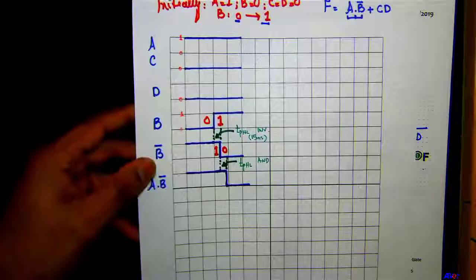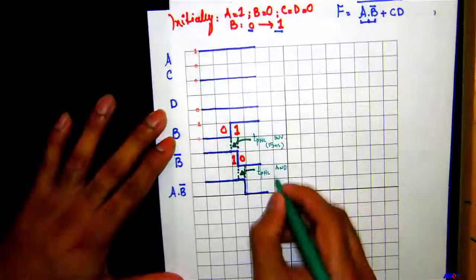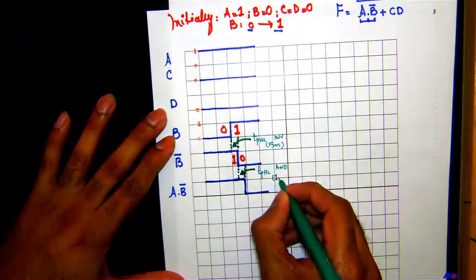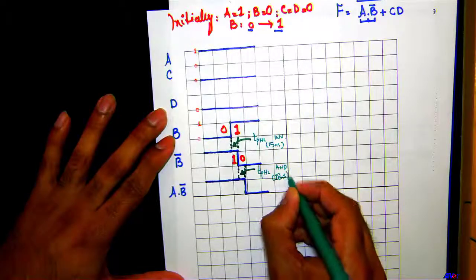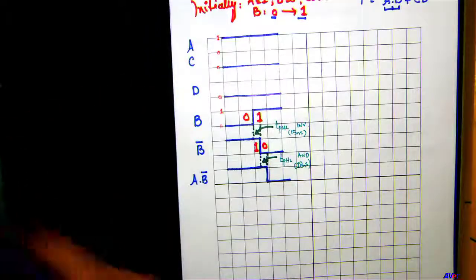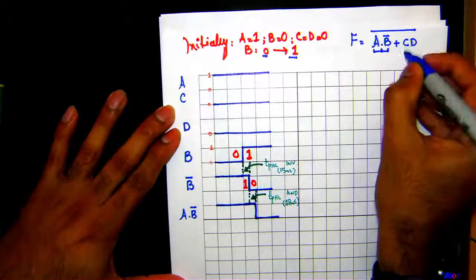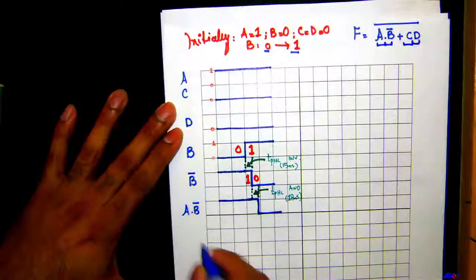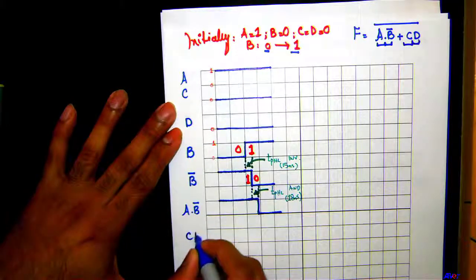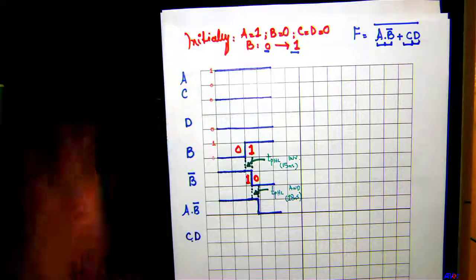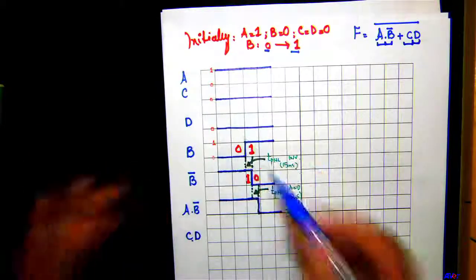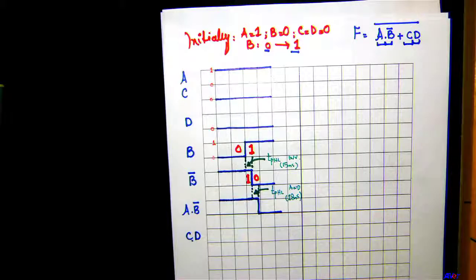It's 18 nanoseconds. Okay, now I'm going to move to this part of the expression, CD. Notice C and D both are 0, so C AND D will be just a straight line at 0, correct?